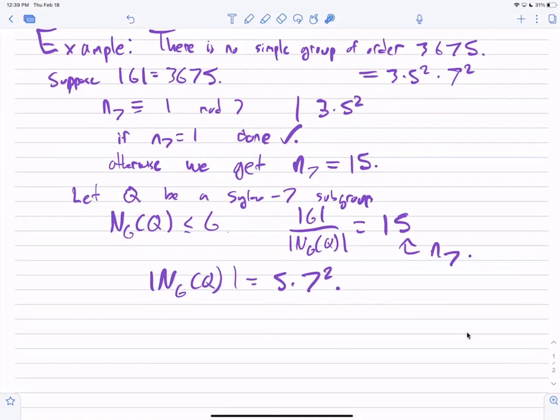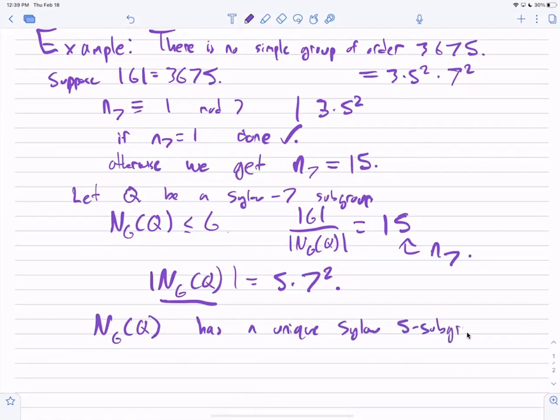So let's take a look at this group, the normalizer of Q in G. And this has a unique Sylow-5 subgroup, just because the options for the number of Sylow-5 subgroups are 1, 7, or 49, those are the divisors of 7 squared, and only one is consistent with the congruence condition.